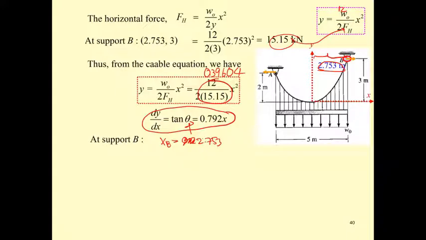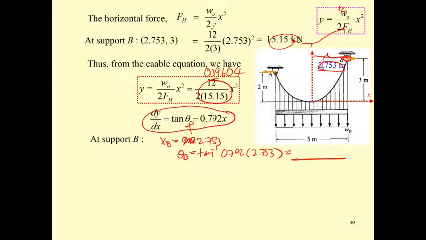If you plug into here, you have theta sub B equal to inverse tan of 0.792 times 2.753, and then you get the angle at point B.